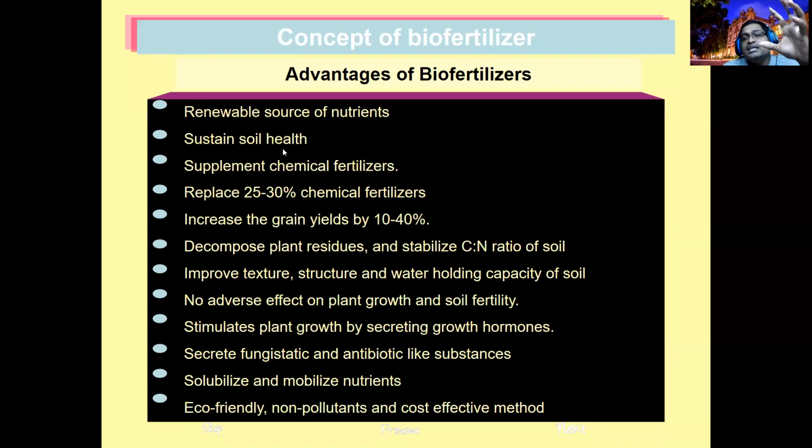I told you, if you are adding these beneficial microorganisms and their population is very high in the soil, your soil will become a suppressive soil. Suppressive soil means it will suppress harmful microorganisms, soil-borne pathogens, Pythium, Phytophthora, and other such things.